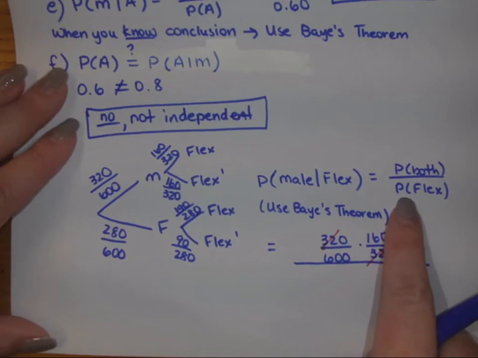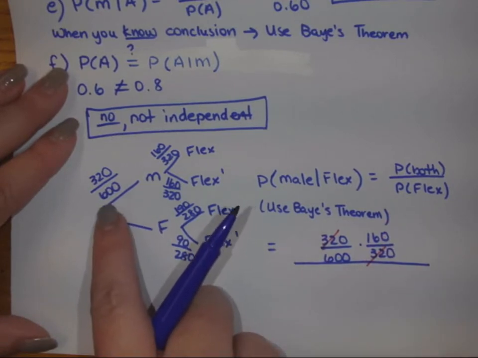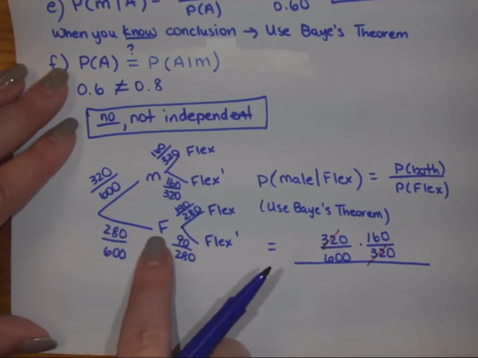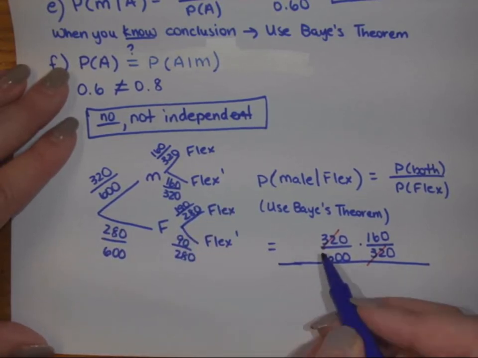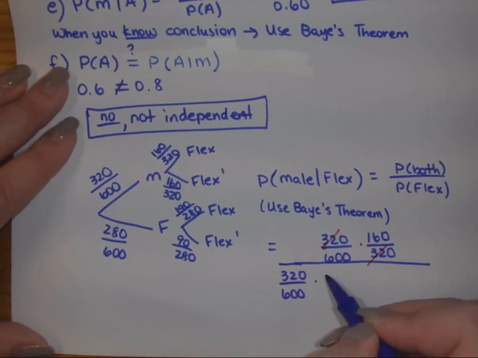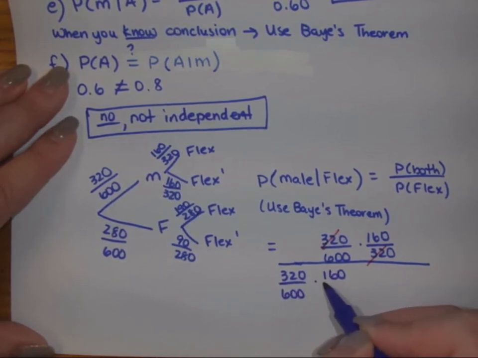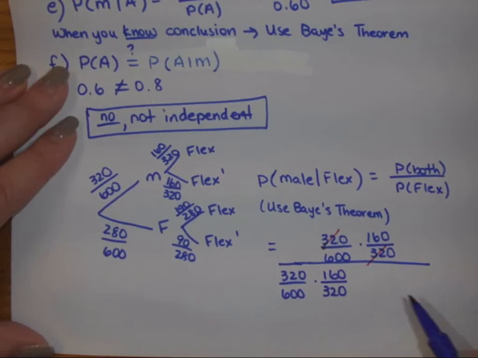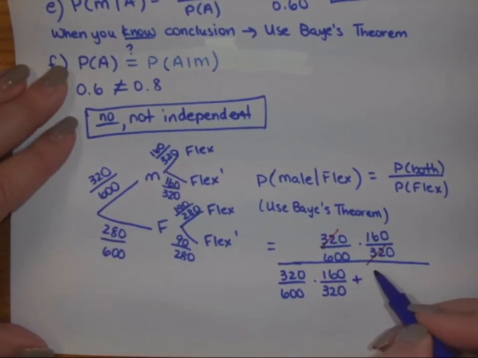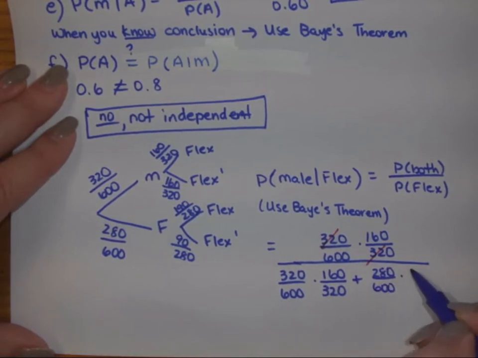The probability of flex, notice there are 2 routes to get to flex, right? You can be male and be on flex time, or you can be female and be on flex time, so we need to add the 2. So that's going to be 320 divided by 600, times 160 out of 320. That's this route, and then we need to add it to the possibility that the employee was female but was also on flex.